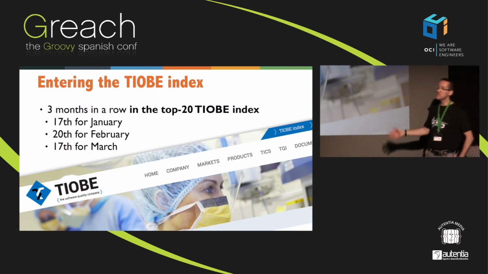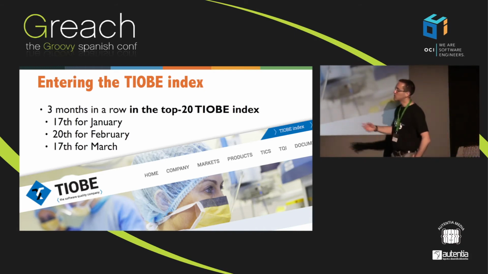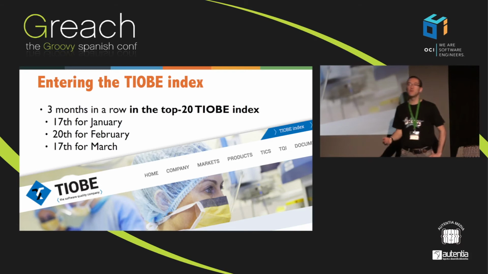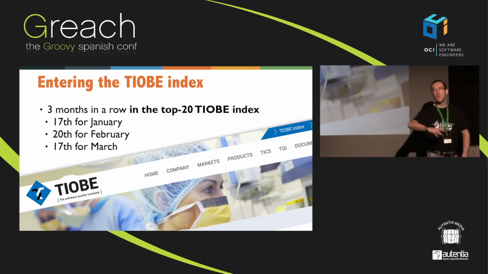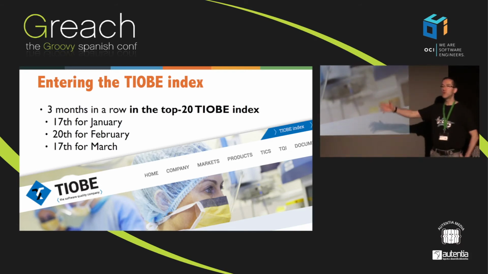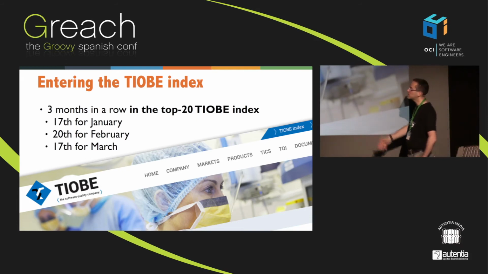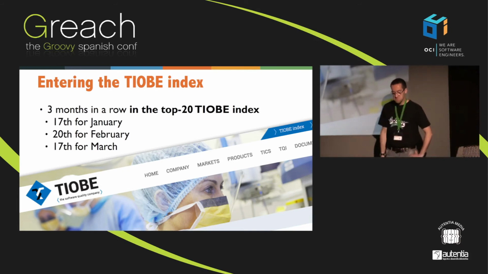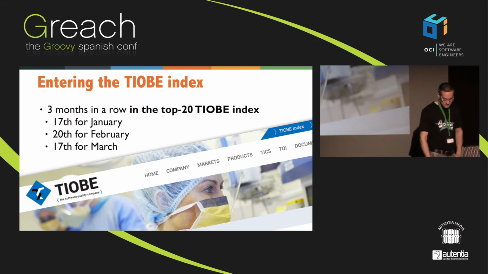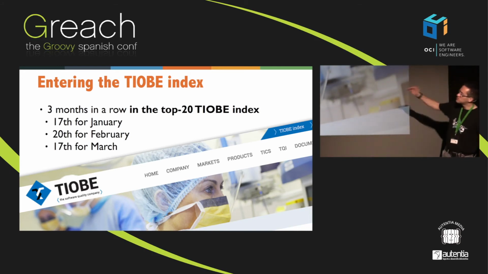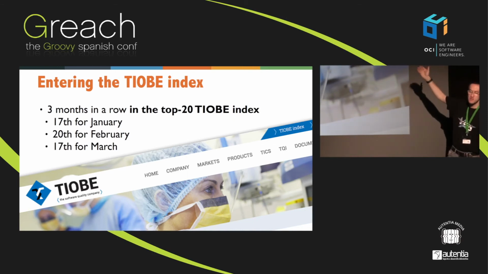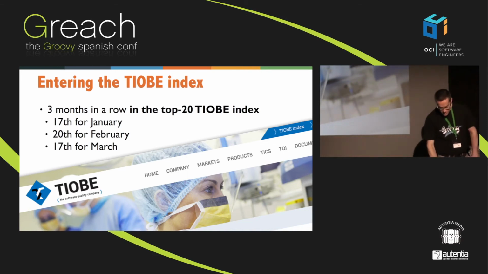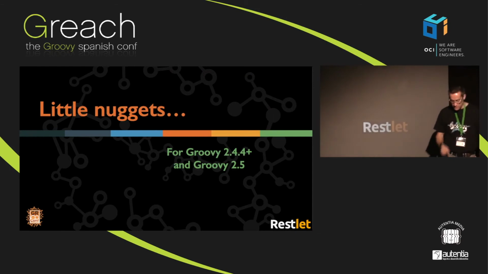They rank languages according to Google search queries, etc. So it's not really a study among 1 million developers asking, hey, what language do you use? So don't read too much into that. To choose a language, don't just pick the first language in the list. It would be totally stupid. Use the right tool for the job.